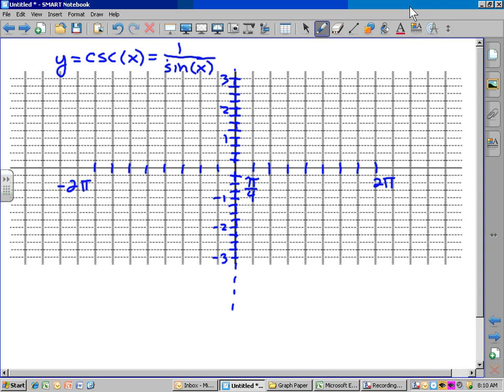About 1.4. Okay, good. So at 45, we're going to be at approximately 1.4. So that's going to be about right here.